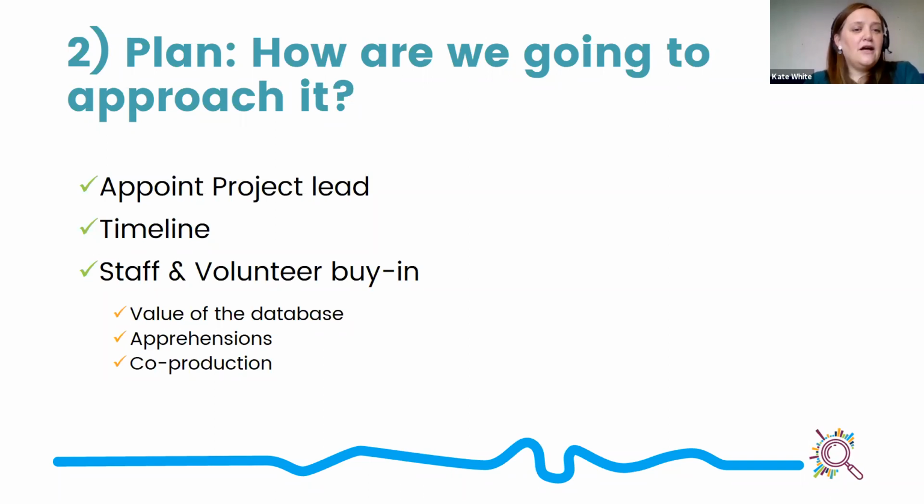So yeah, and getting people to also voice any apprehensions. So again, you can address those as you move forward. So what is it, what are people concerned about? Where have they had bad experiences in the past, or they're just not interested?